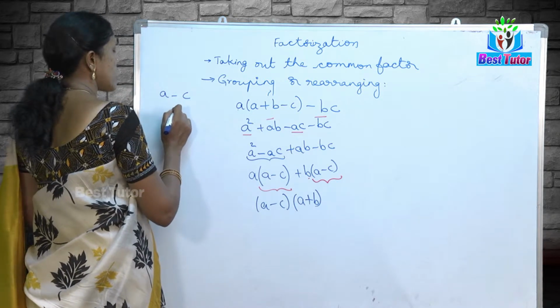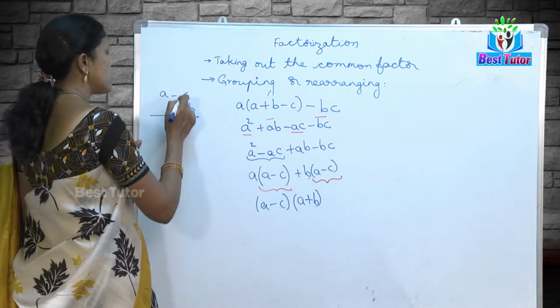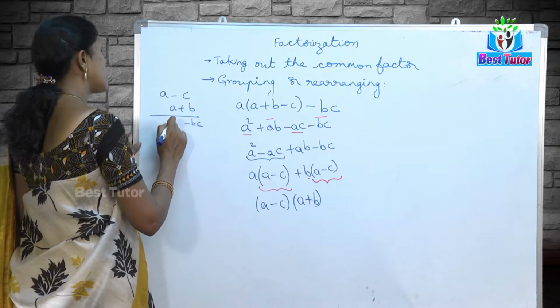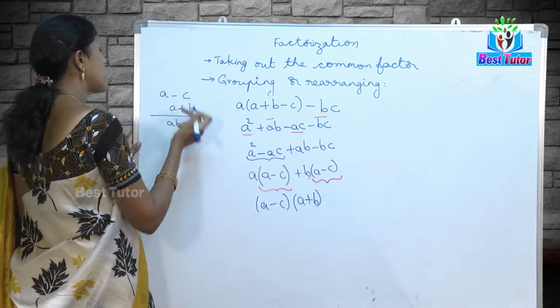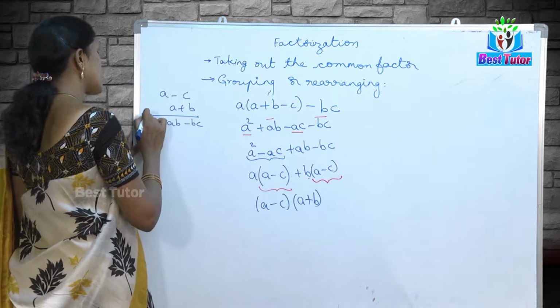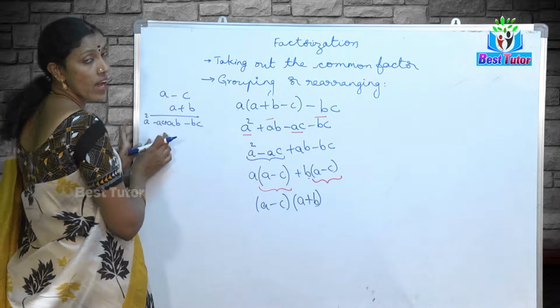a minus c into a plus b. I am doing multiplication by vertical method. Plus b into minus c is minus bc. Plus b into a is plus ab. Plus a into minus c is minus ac. Plus a into a is a square. Why didn't I write these two terms below this? Because they don't have any like terms.